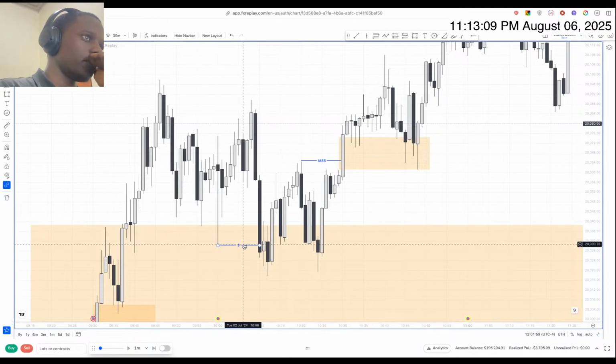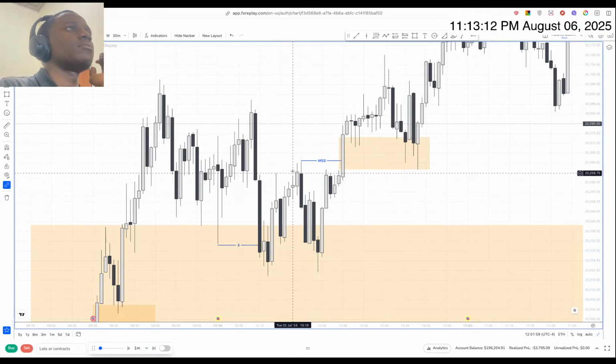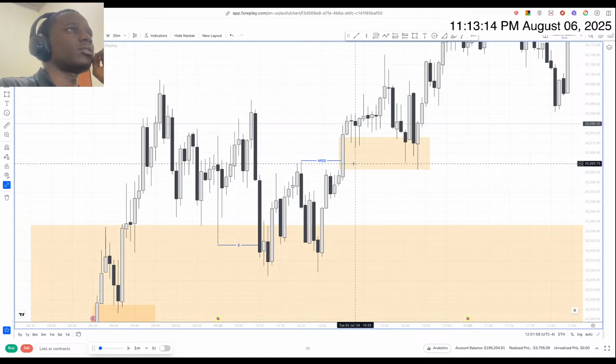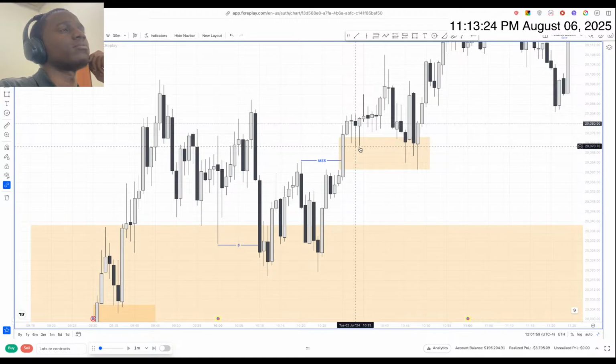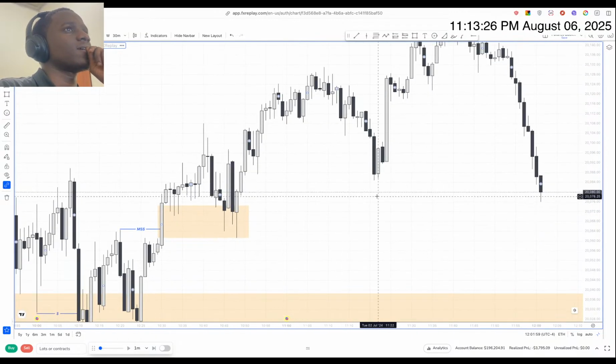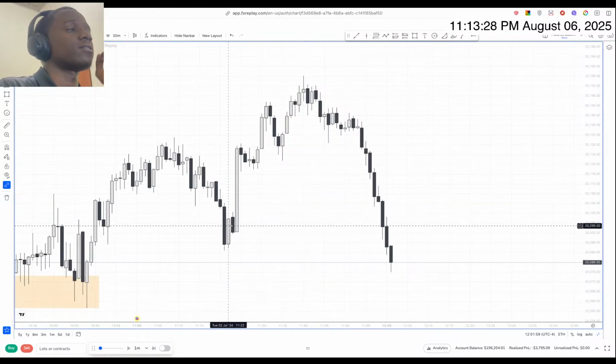We got the sweep inside here. Push here, create a market shift. And return to the gap here. Let's see what the line tries to bring.